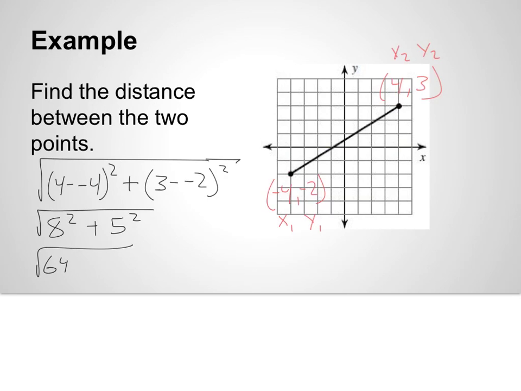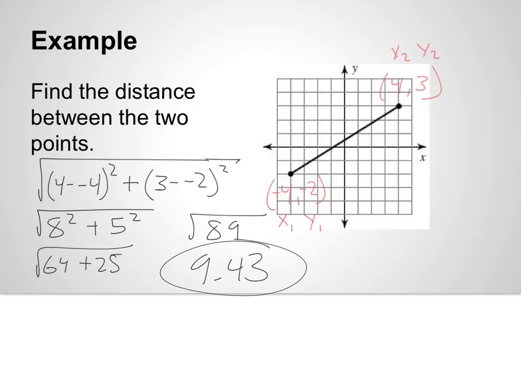That becomes 64 plus 25. 64 plus 25 is 89. And now when I take the square root of 89, I get 9.43, my actual distance between those 2 points.